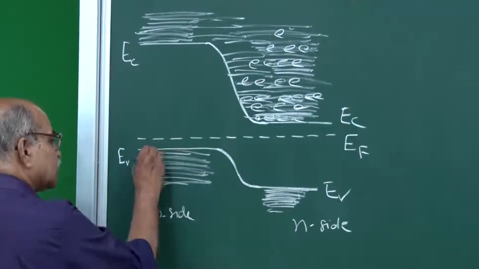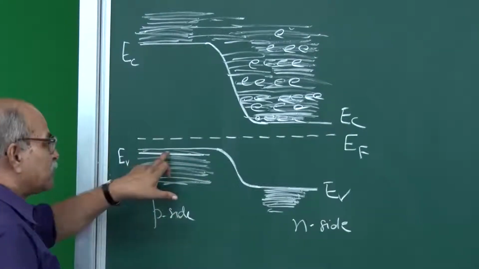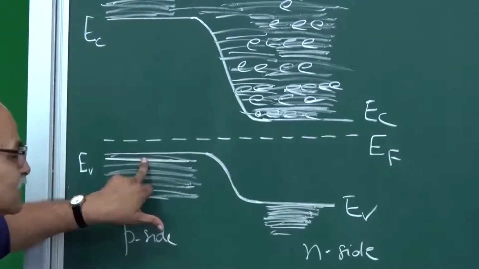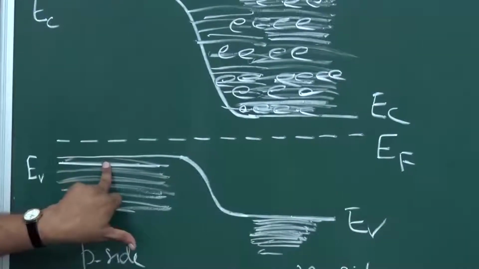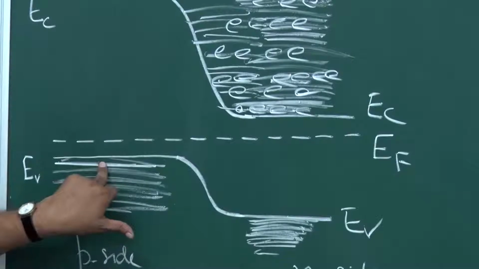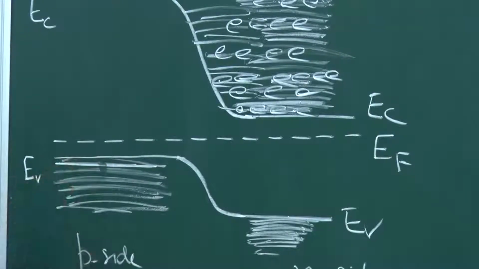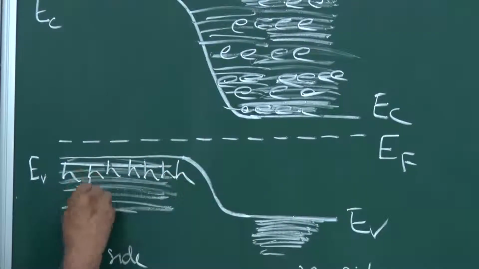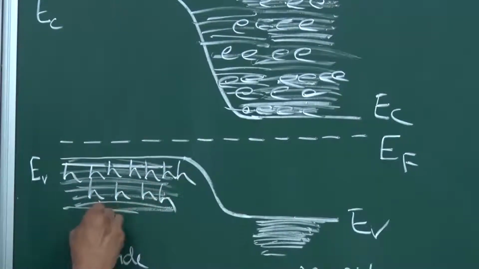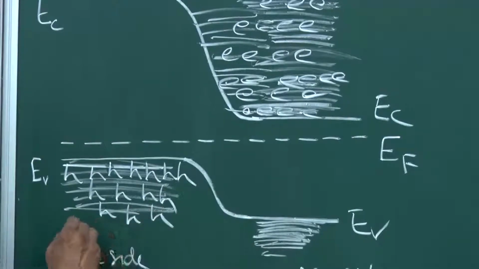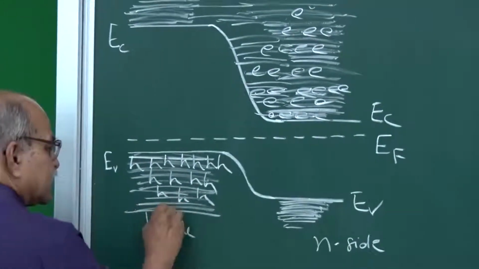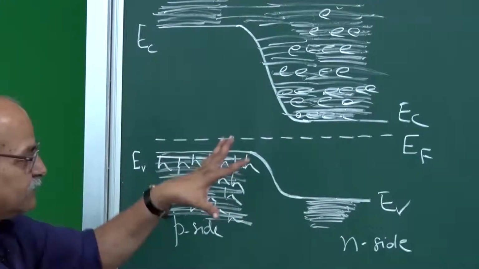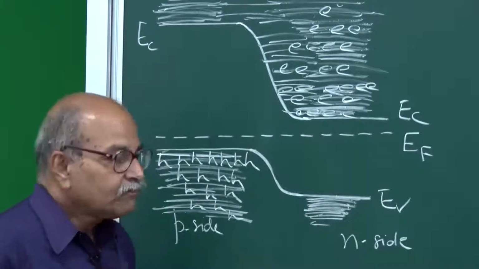Here you have holes, so you look for the probability of not occupying this particular quantum state, 1 minus Fe. That gives you the probability of a hole being there in the valence band. Once again you have a large number of holes here, and as you go down in energy, this will exponentially decrease, and these quantum states will have fewer and fewer holes. All these things we discussed.